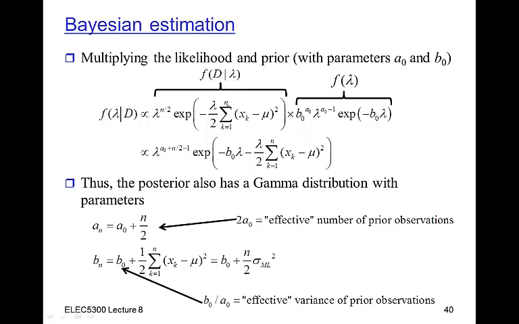So in other words, when I have n pieces of data, I update the a parameter by adding n divided by 2. And I've taken b inside here and I've added a 1/2 times this sum here. So I get that.